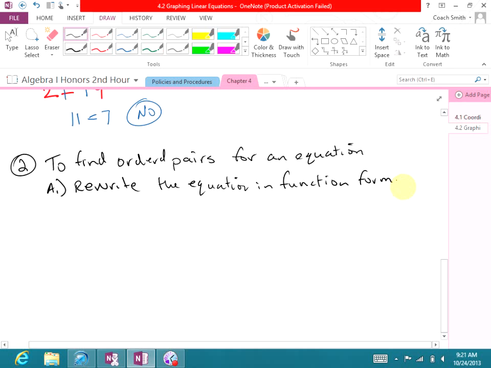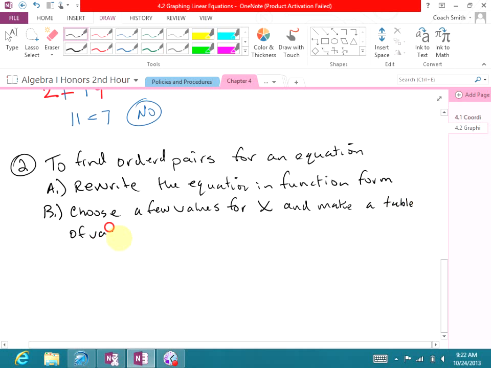Okay. Step B is to choose a few values for x and make a table of values. Okay? We're going to look at these 2 steps right now.